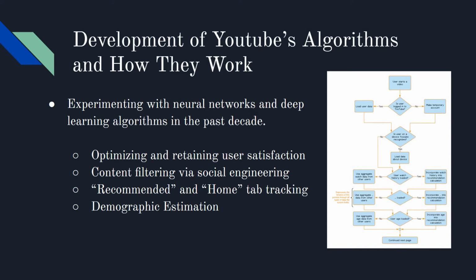Based off the things they watch, they're able to use certain techniques of social engineering and content filtering to determine the user's age and ethnicity as well. And this is done with the goal of optimizing and retaining the users and making sure that they use the app as much as possible.